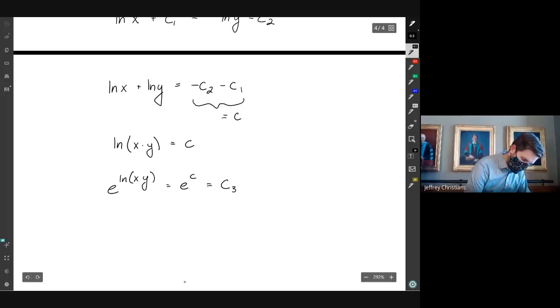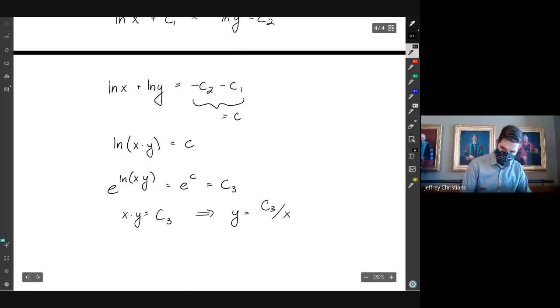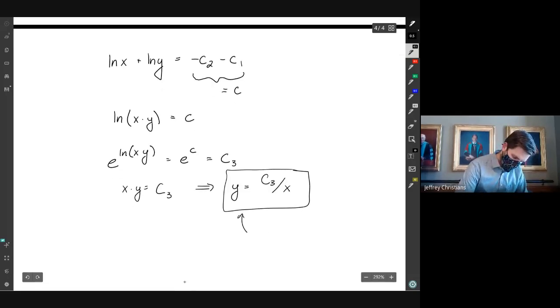Okay, so now we have x times y equals C3, which gives us y equals C3 over x. So this is our equation for streamlines.